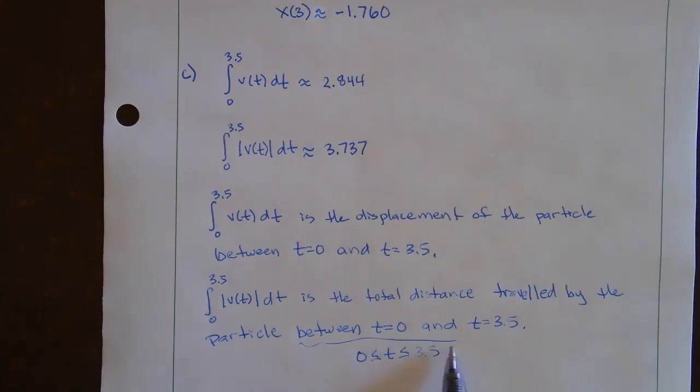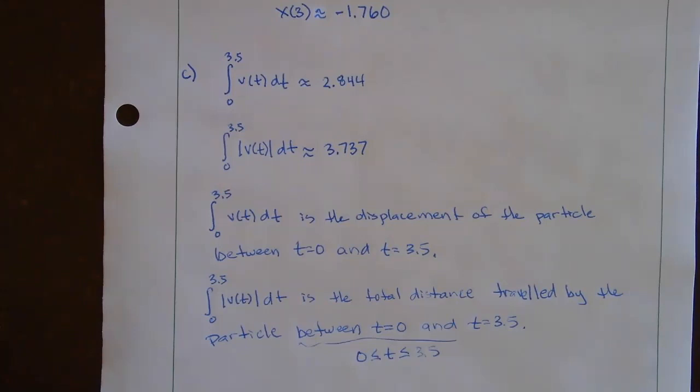This between t equals 0 and t equals 3.5 could be written as an inequality like this, for this one and for this one. It wouldn't matter either way you write it, as long as it's on this time interval. You can write it in words, or as an inequality, or even in interval notation, so it'd be bracket 0, comma 3.5 bracket. Sorry, I didn't realize I was writing and you couldn't see it.